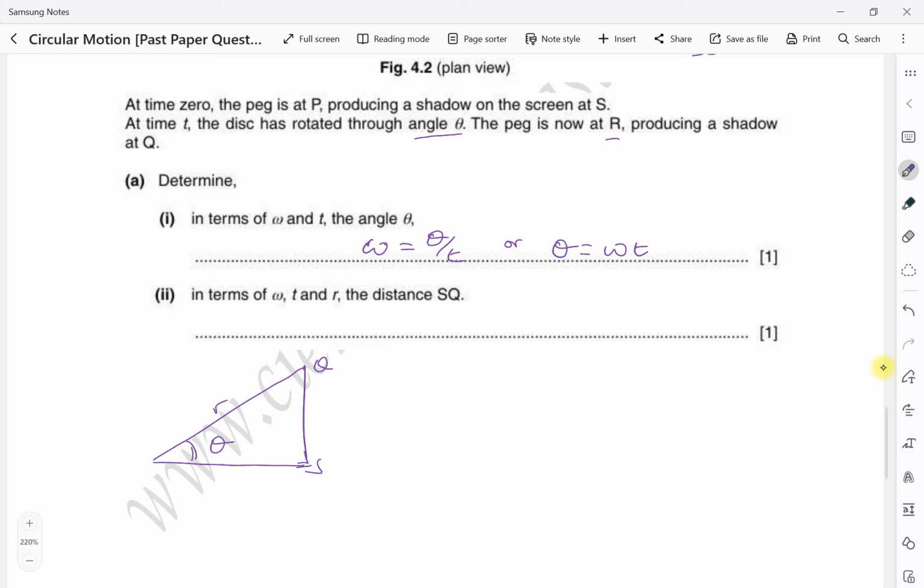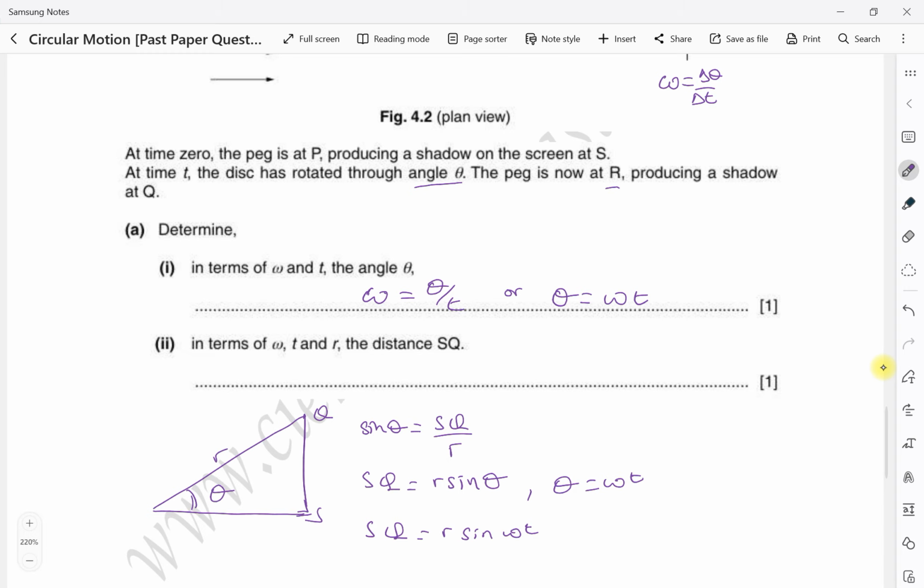This is going to be R. So we notice that sine of theta is equal to SQ divided by R. So SQ is equal to R sine of theta. But of course, theta is equal to omega times t. So SQ is equal to R sine omega t.